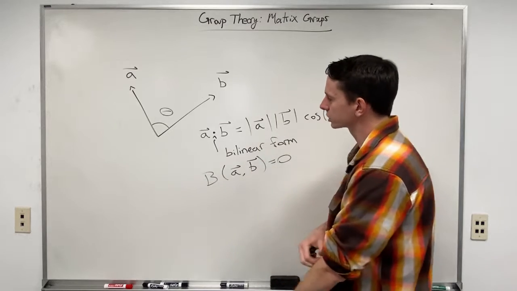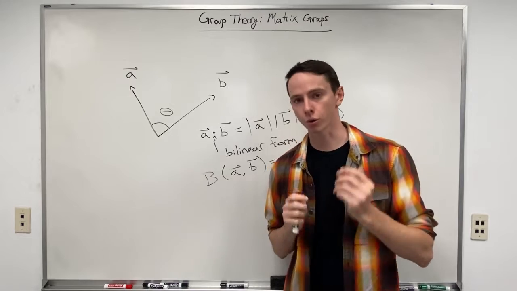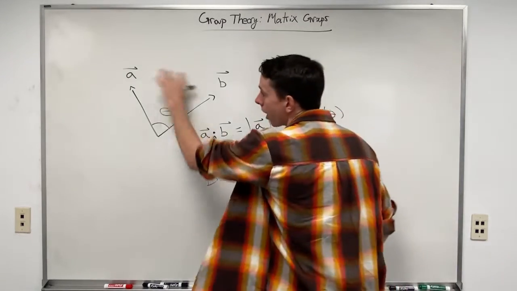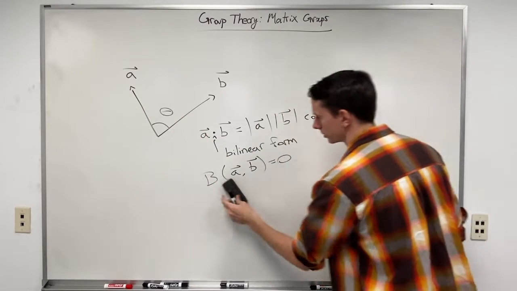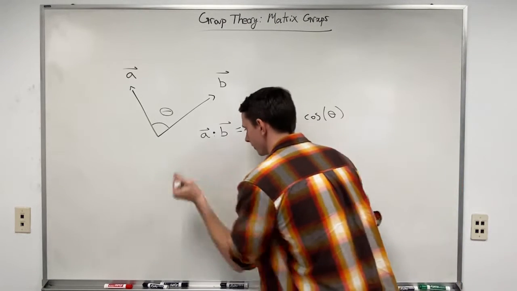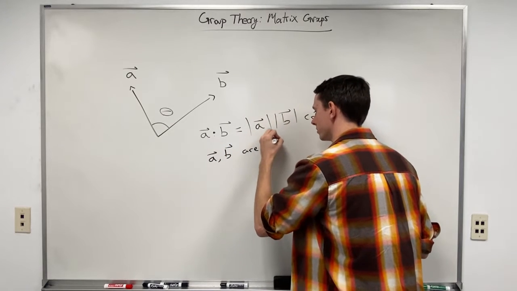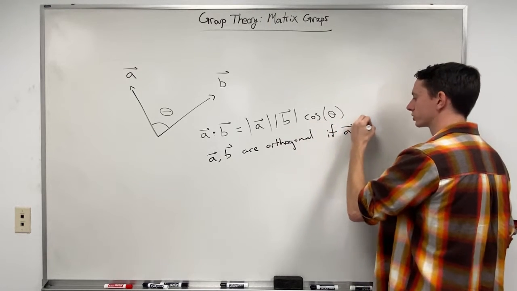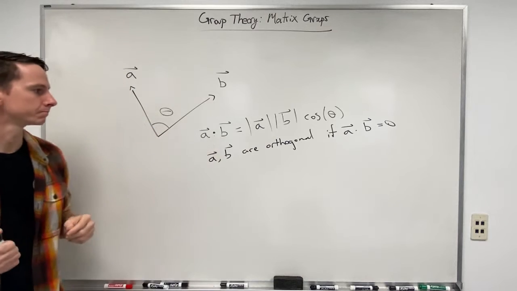But before we do that, I just want to introduce one more concept in case we haven't heard of it, which is called orthonormality. So two vectors are going to be orthogonal if their dot product is 0. So let me even just write this. Let's write A and B are orthogonal if their dot product or inner product or whatever bilinear form is acting on them is 0.